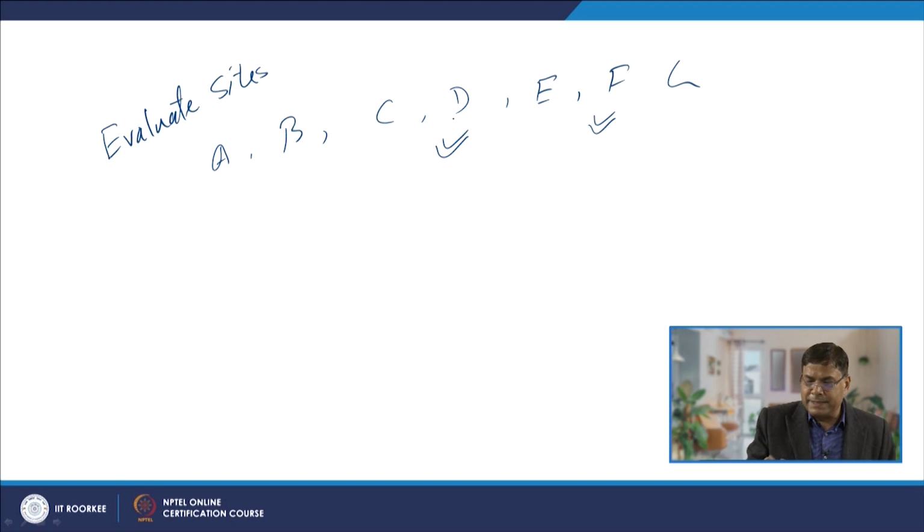So, if D and F are the potential sites, say these are the distribution points and a warehouse is to be located.